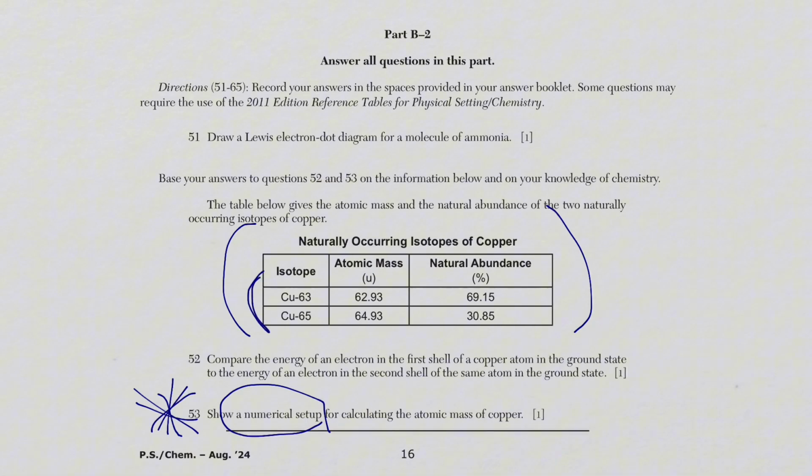We see here for copper, these two isotopes of copper. Now, make sure you remember what an isotope is: same number of protons, different number of neutrons. In nature, most of the time we're finding copper with a mass rounded to 63. Then, almost a third of the time we see copper with a mass of 65. And the difference, of course, is just the number of neutrons.